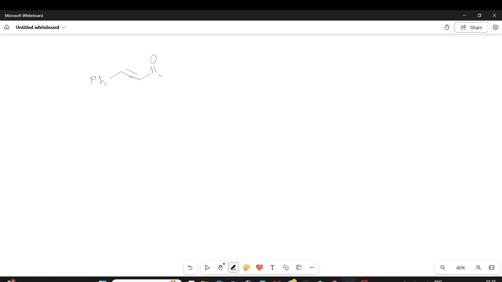So here is your amide linkage. The first stage is bromine and KOH.